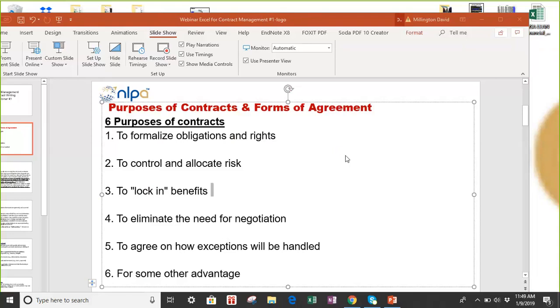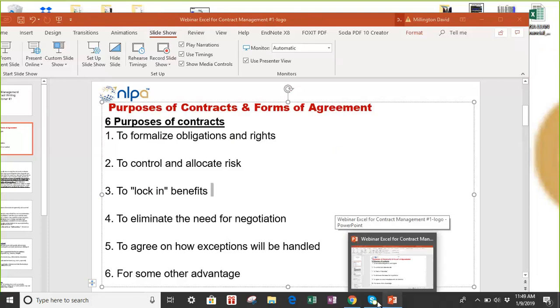And 6, for any other advantage that the parties see fit.